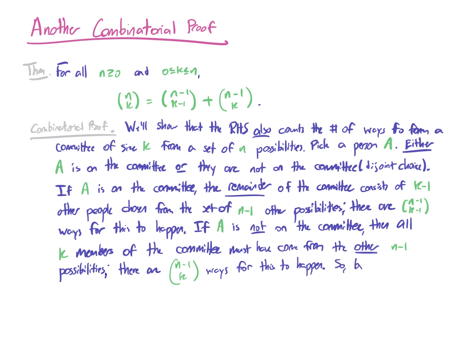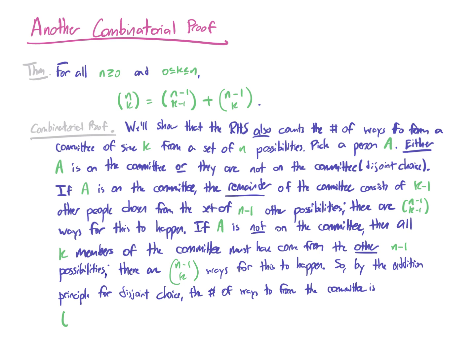So, by the addition principle for disjoint choice, the number of ways to form the committee is, well, we have our two cases.